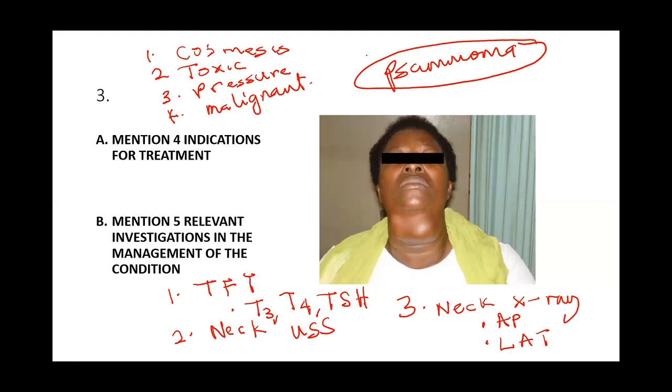Hyperextend the neck to intubate. So the anesthetist actually needs the lateral neck X-ray, okay, to rule out cervical spondylosis. Now you might see loss of lordosis of the cervical spine.